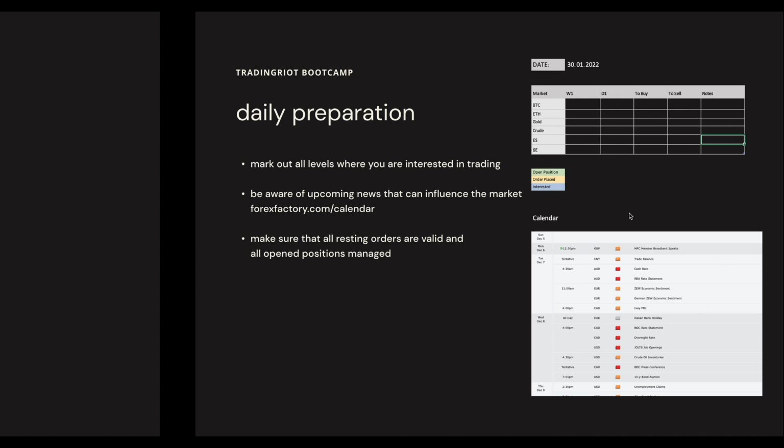The second thing I have below it is the economic calendar. It's from forexfactory.com. If you go to this URL, you will see it. Depending once again on the market you trade, you need to be watching relevant news for that market.